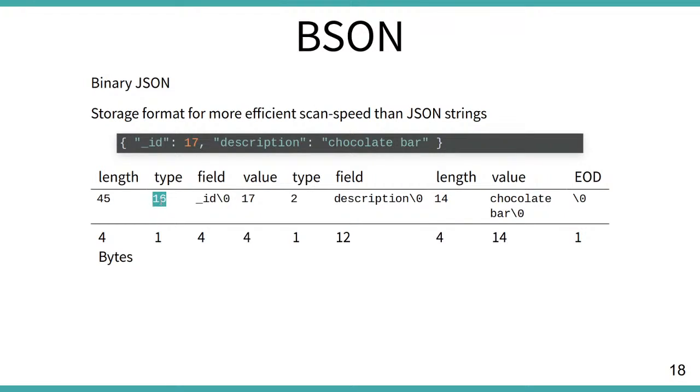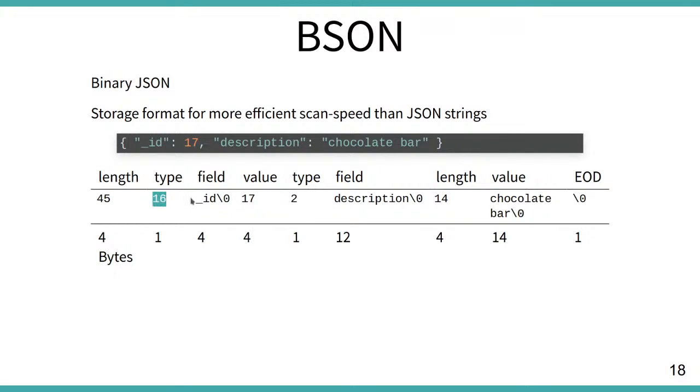What are the type IDs? 16 is an integer, 2 is a string. So we have an integer here, and this integer always has a value length of 4 for the 4 bytes.